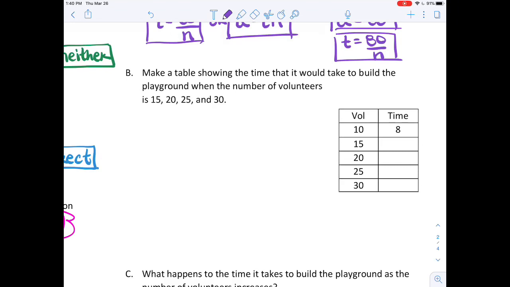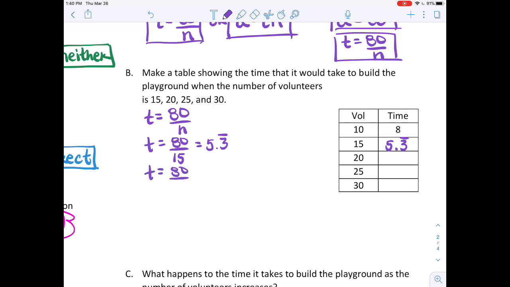But now we want to find out what happens at other values. So when we have an n value, a number of volunteers, equal to 15, it's only going to take 5.3 hours. And that 3 is repeating if you stick that in your calculator, so I'll go ahead and note that.